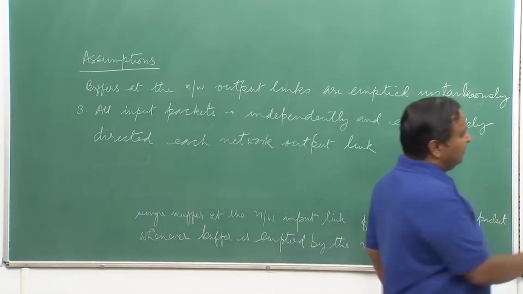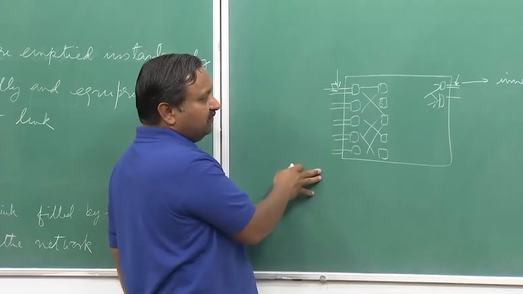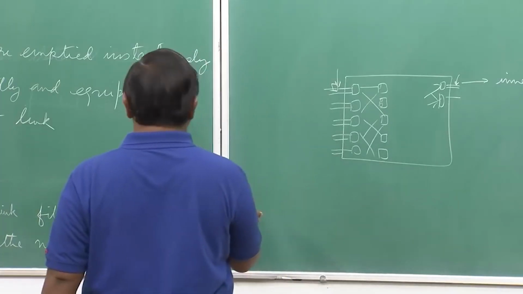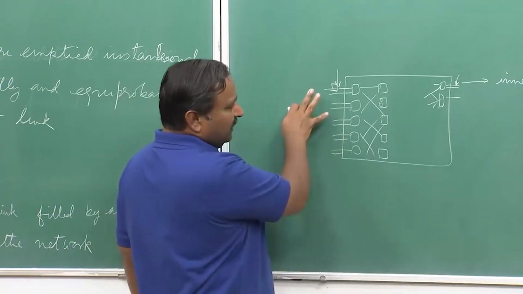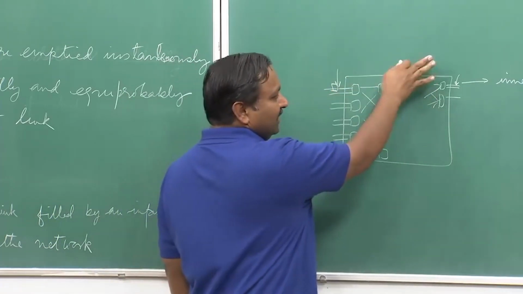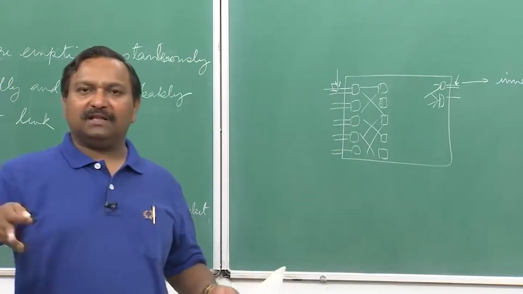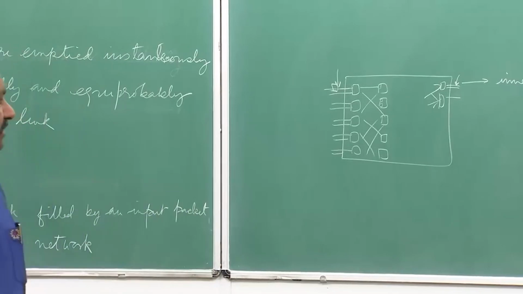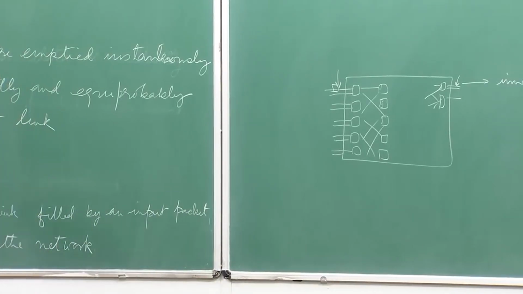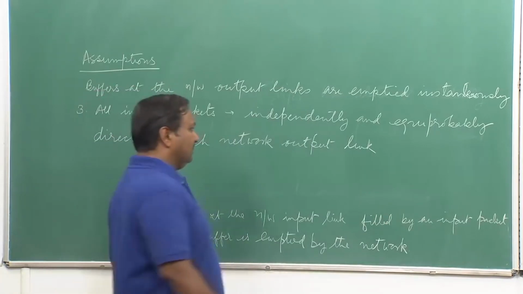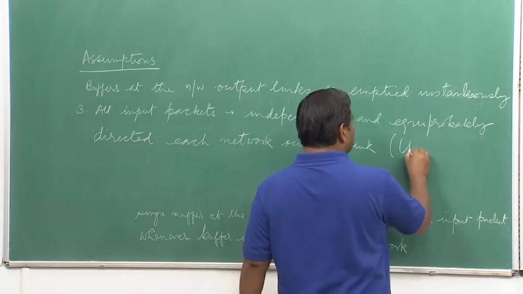This implies that whenever packets are coming in, irrespective of which is the input, they will all be independent of each other and with equal probability they can be directed to any one of the outgoing ports. If you take any input output pair, they will have the same amount of traffic. That is the independent and equal probability distribution. We call it in common terms the uniform loading condition.